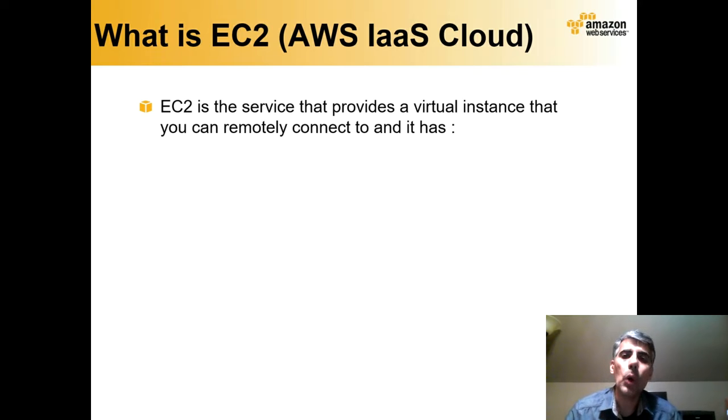Alright, the most popular service of Amazon Cloud is known as Amazon EC2, or Elastic Compute Cloud, which is called EC2. From the name you can see that elasticity is one of the main features of this service.